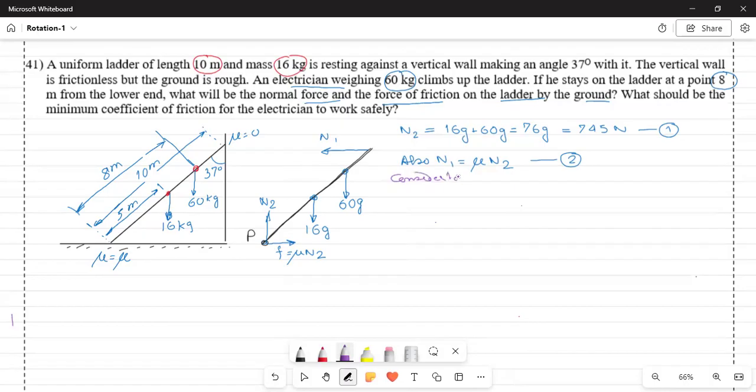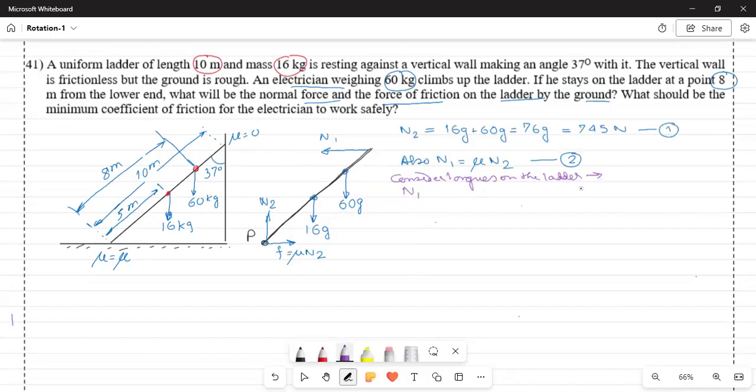Consider torques on the ladder. N1 is a force which produces a counterclockwise torque.